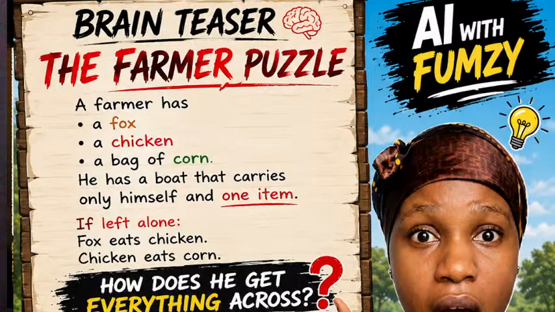So bear that in mind, that while he picks the item to go and drop by the other side, to cross the river, he might actually drop or bring back that particular item.